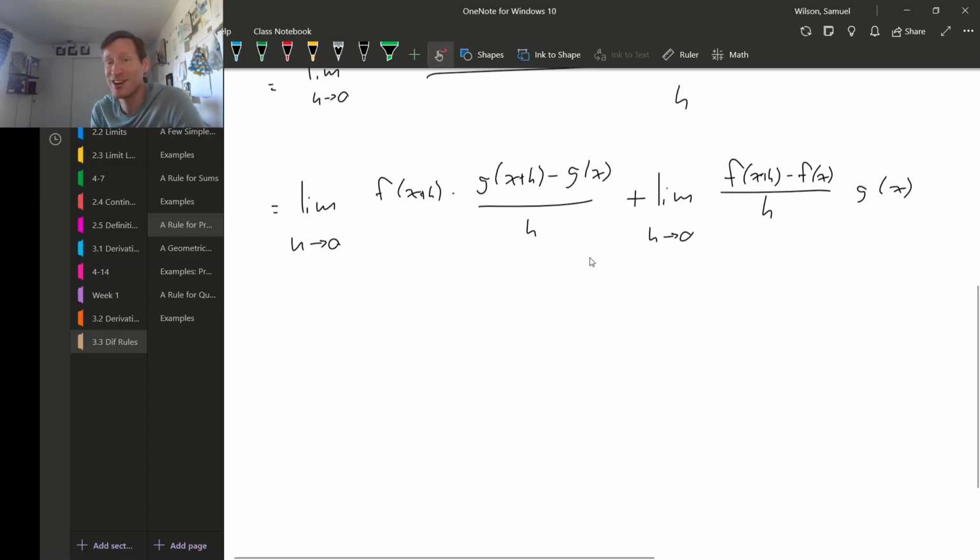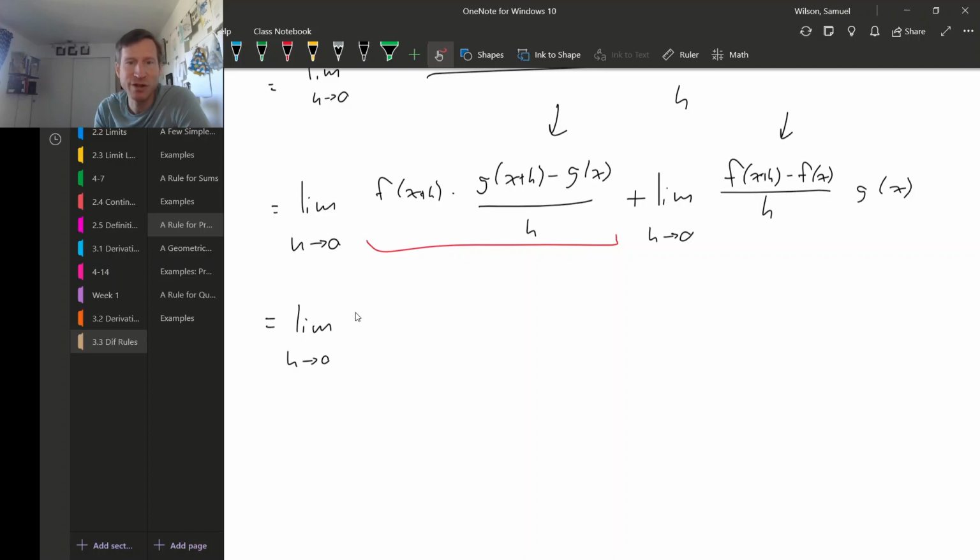All right, now things are starting to look good because these things are starting to look like they're going to turn into derivatives. So we need to find the limit of this big product, but we can use the product rule for limits. So this is the limit as h goes to 0 of f of x plus h times the limit as h goes to 0 of g of x plus h minus g of x all over h, plus, and then we can use the product rule for limits for the second piece as well.